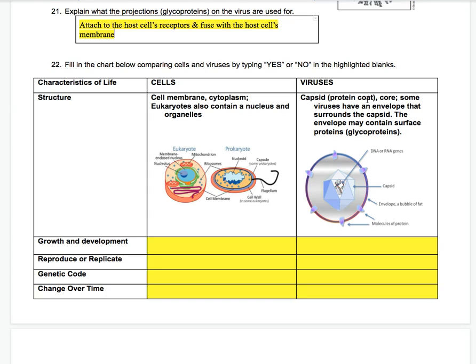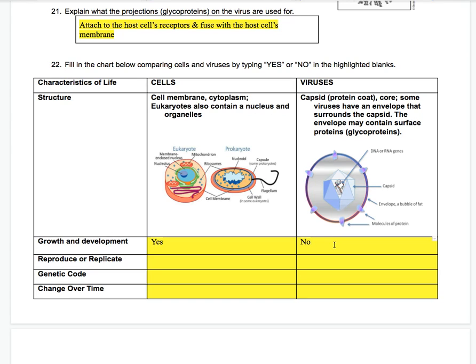Well, one of those characteristics is growth and development. Cells can grow and develop. For example, in our body, we have cells, and they do grow and develop because they help make us go from babies to adults. Viruses, however, cannot grow and develop.